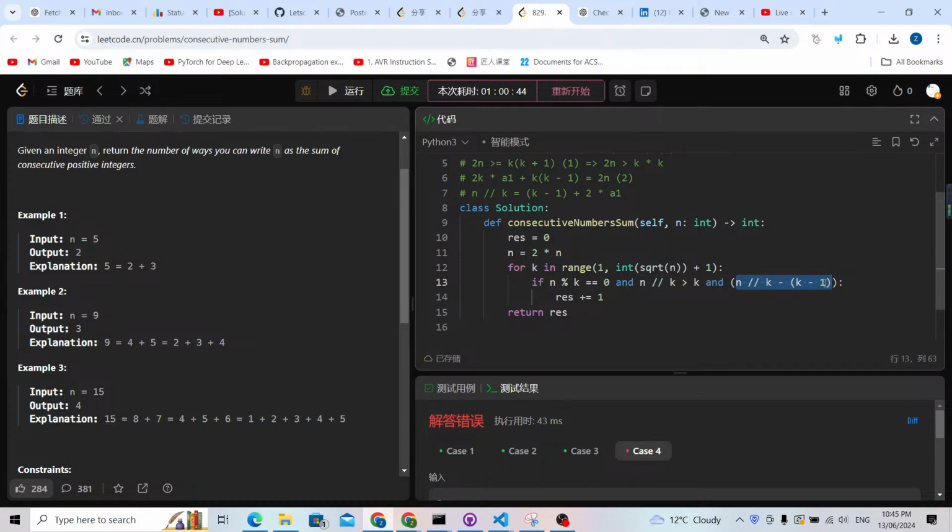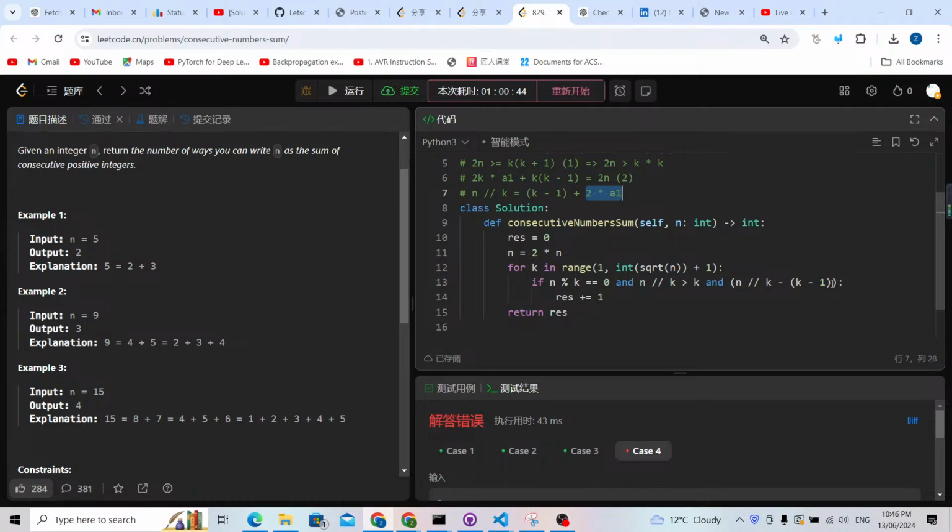This result should be modular 2, because this is 2a1, basically, if a1 equals 1 or 2. We just need to get the formula.